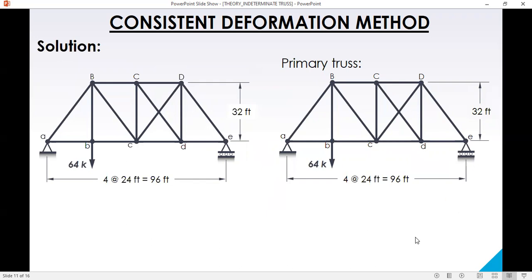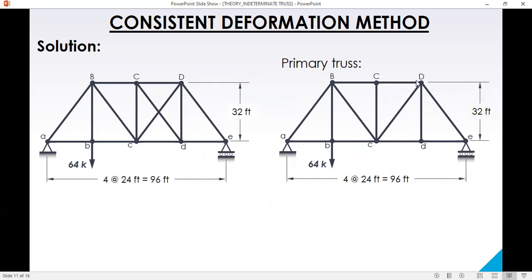Now, in order to make use of my explanation in solving for S prime, let's choose this member, capital C, small d, as our redundant. So let's remove this member.